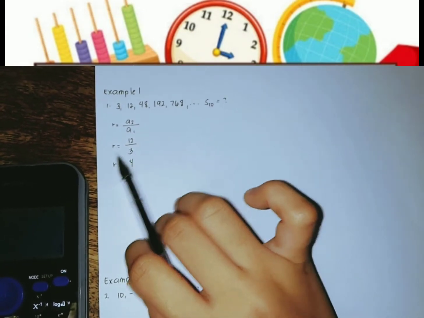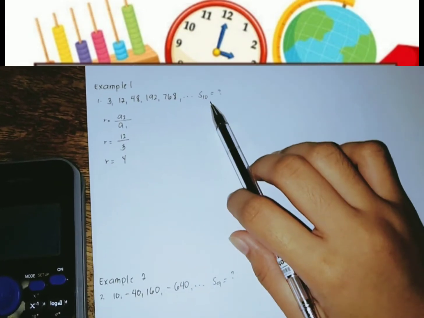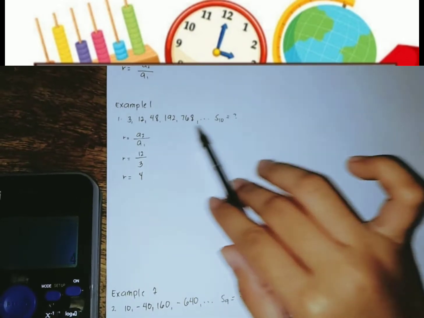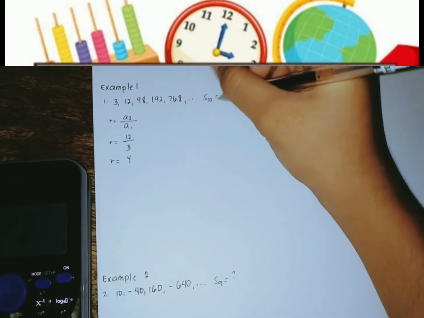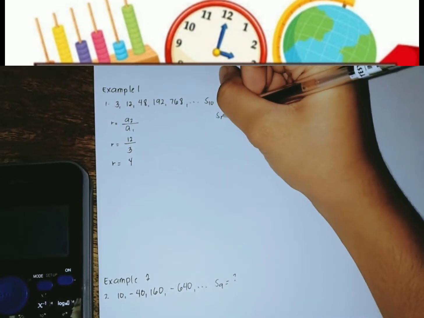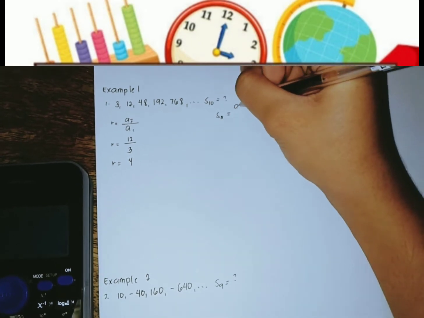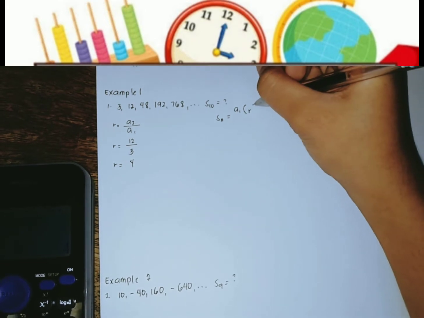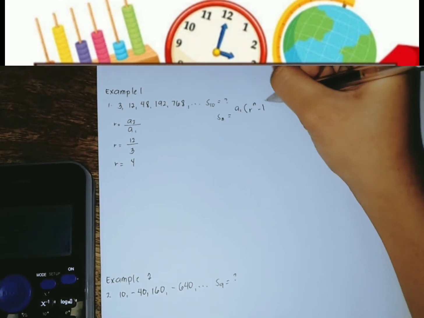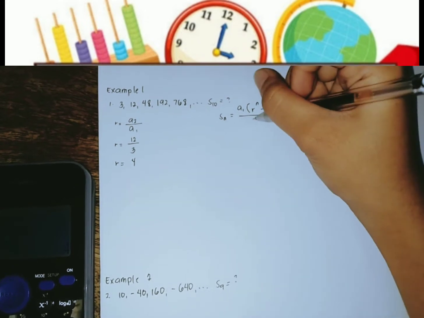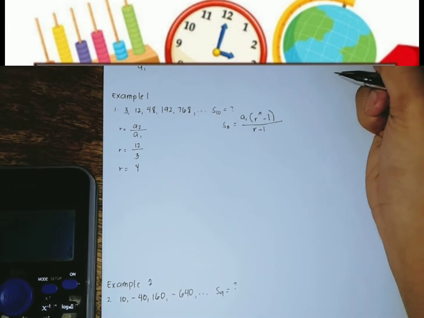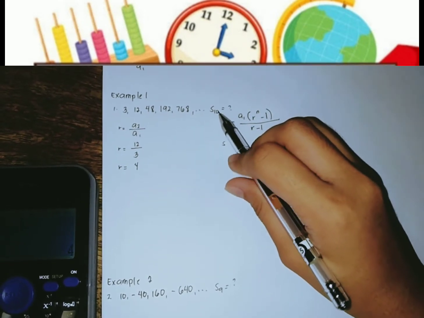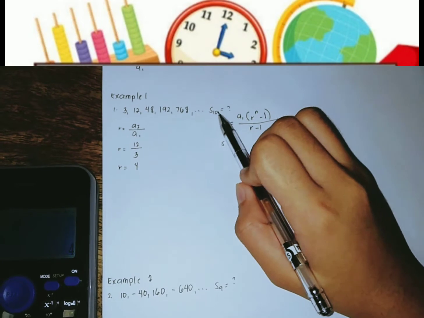Now that we found the ratio, we will move on to finding the 10th term of this geometric series. The formula that we will use is S sub n is equal to a sub 1 quantity r raised to n minus 1, divided by r minus 1. The n we will change into 10, because n represents our last term.